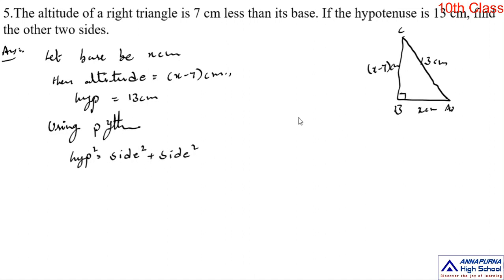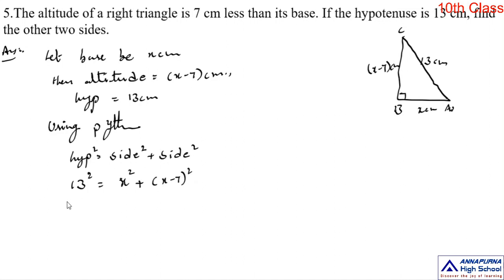Here what is the hypotenuse? AC is the hypotenuse, so its square is 13 square, equal to side. If you take the base as one side, then x square, plus another side, the altitude, so it is x minus 7 whole square.